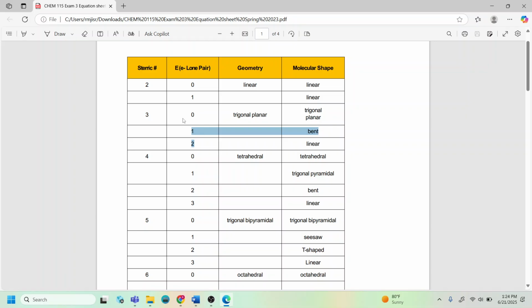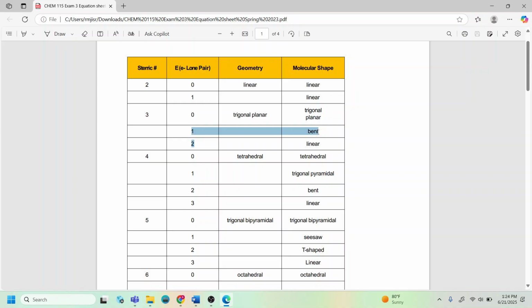Okay, so over here for steric number 3, the geometry is trigonal planar. If there is simply 1 lone pair or 2 lone pairs, it doesn't matter. The geometry stays the same, but the shape is going to differ. The reason the shape differs is the space that the lone pairs take, and the lone pairs tend to squish the bonds more.